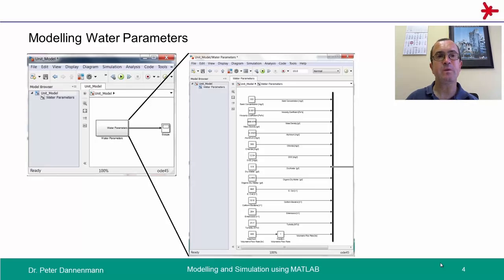The fraction is determined by a slider gain, and the actual flow rate is the product of the maximum flow rate and the value of the slider gain, as seen in the lower part of this slide.